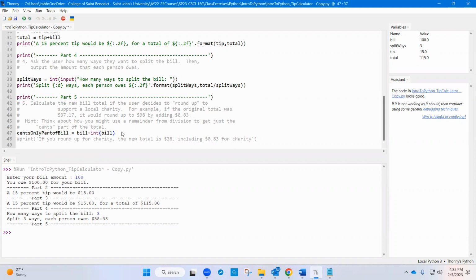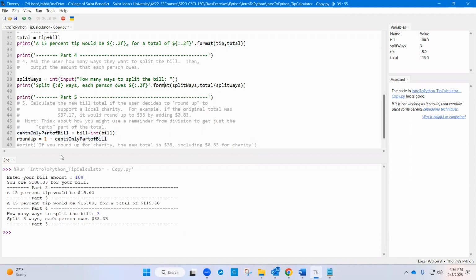So now I know that I've got 17 cents, which means the roundup that I'm going to be doing is $1 or 100 cents minus the cents only part of the bill, which would be 0.83.